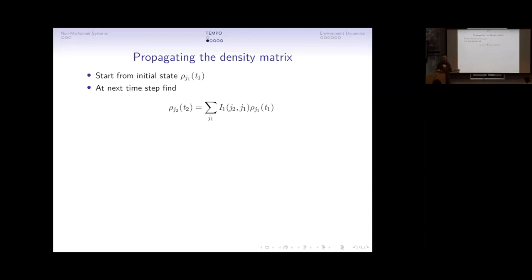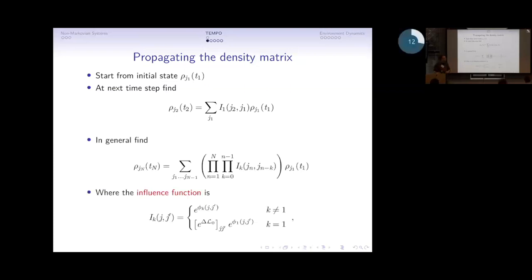And this is just Markovian evolution, but now I'm going to need to keep what had happened at time step 1 to be able to know what's going to happen at time step 3. So when we keep propagating forwards in time, then we get this big product over these influence functionals, which take me from time step 1 to time step n.